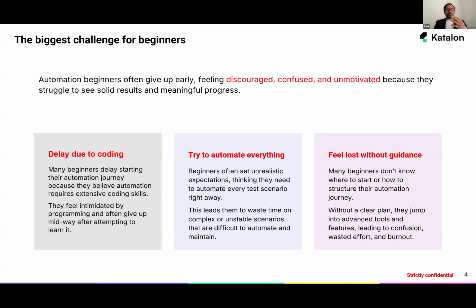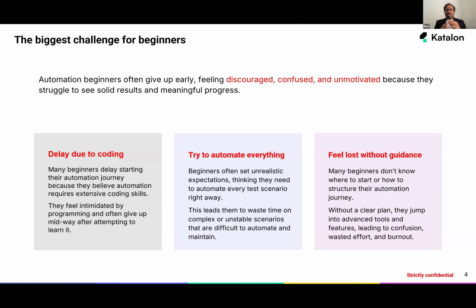Early automation of such complex scenarios increases maintenance overhead and reduces efficiency in the long run, leading to frustration for beginners. Complex or unstable scenarios waste a lot of time and are difficult to maintain. So that is one big challenge.